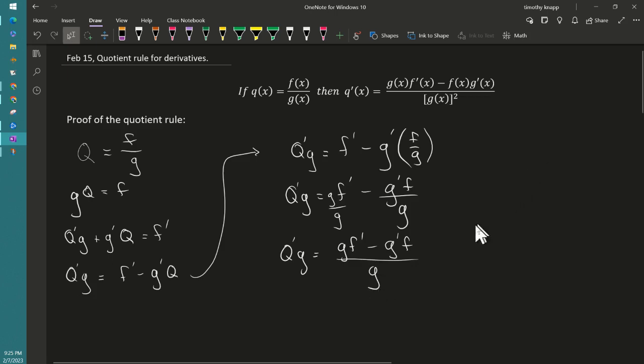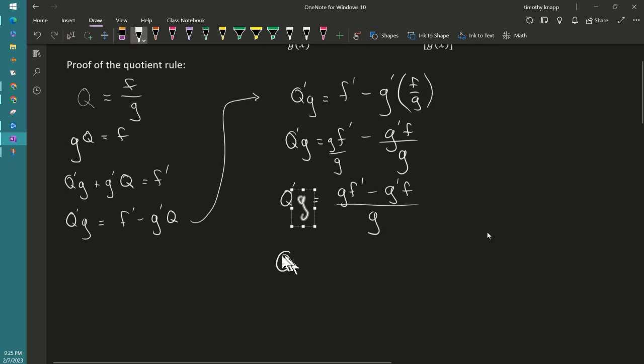Pretty exciting stuff. And now take this g and divide it down over to this side, and I end up getting a g squared on the bottom. And so therefore q prime is equal to g f prime minus g prime f over g squared.